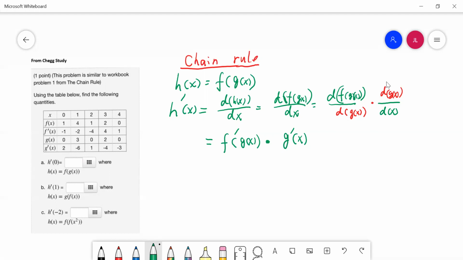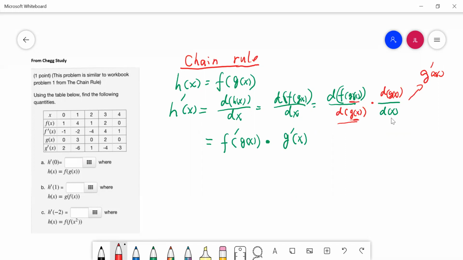Then you can see here at the right, dg(x) over dx. By definition, this is the g(x) derivative.